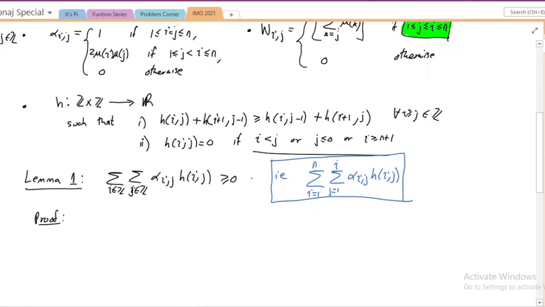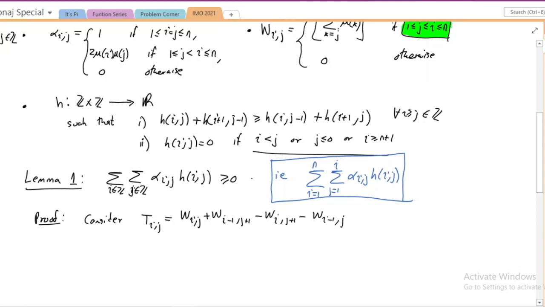Okay, so to prove this, we consider what we'll call T_ij to be W_ij plus W_{i-1,j+1} minus, so just swapping, W_{i,j+1} minus W_{i-1,j}.